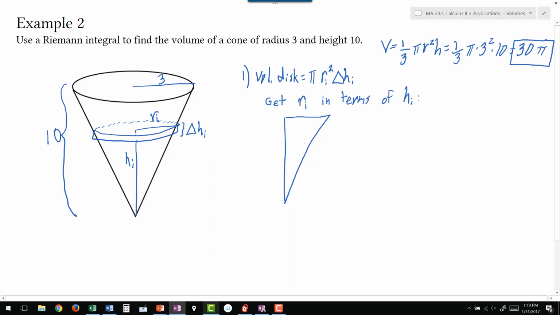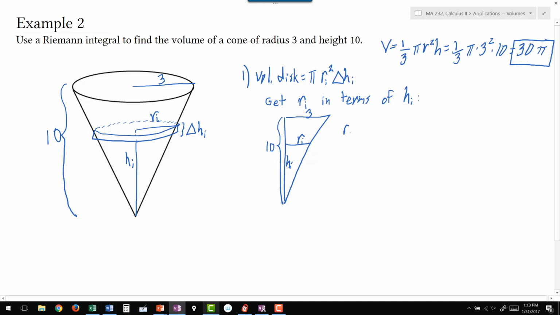If we do a side view of the cone, where I know the top has radius 3, this perpendicular distance is my height, 10, then this section would represent the radius of one of my slices, and the inside height would be the height of one of my slices.